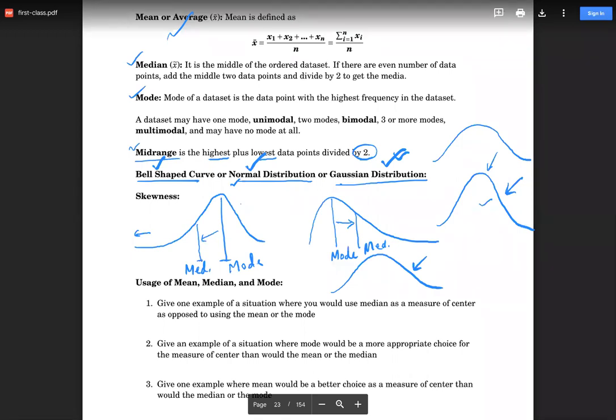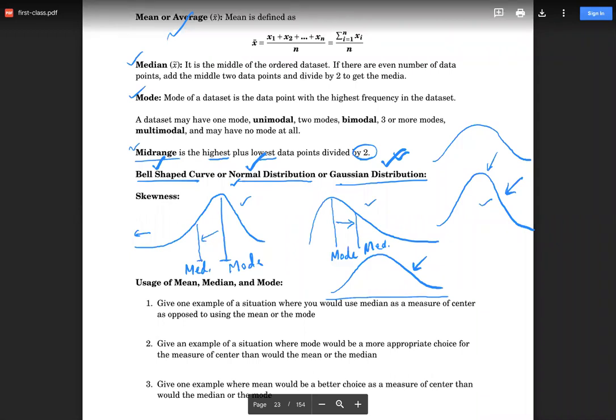If you have a skewed data set, mean, mode, and median switch places. And also there is a position for mean. I forgot the exact ordering, but the mean is somewhere in between here. I forgot exactly, so I won't give it to you. But anyway, keep in mind, if you have a skewed data set, then mean, median, mode kind of switch places.